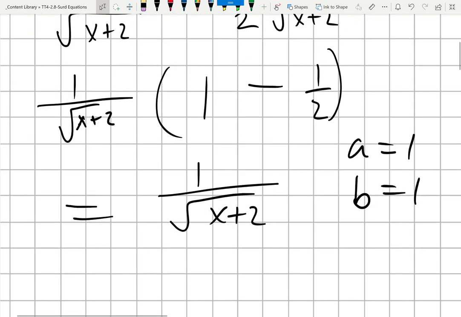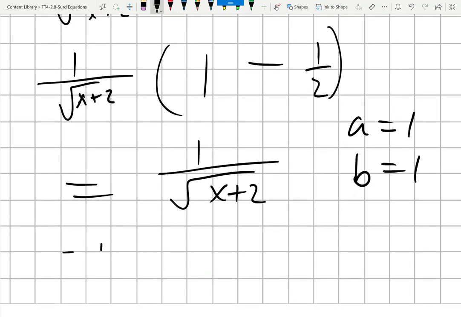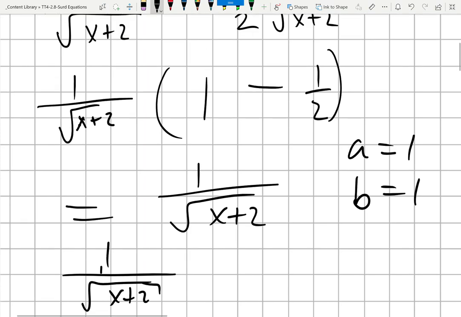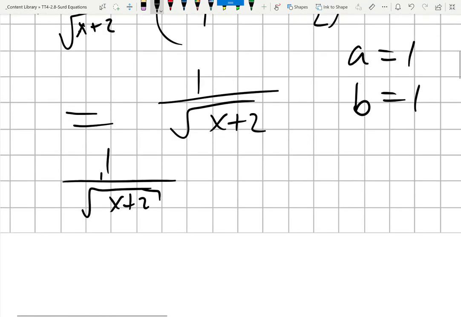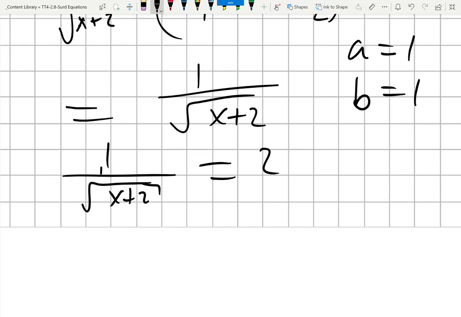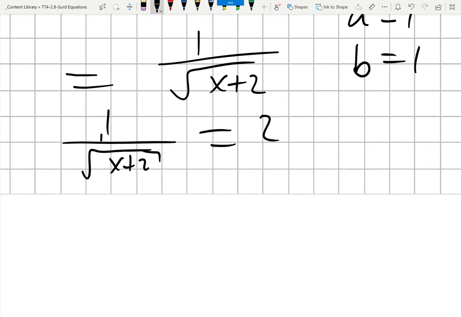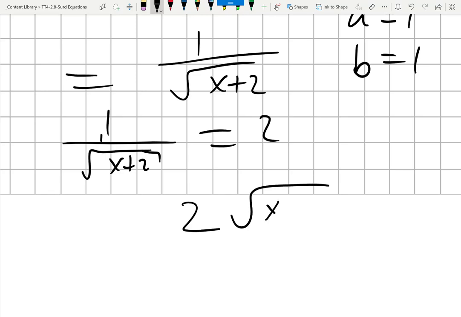Another thing, make this equal to 2. So 2 root x plus 2 equals 1.